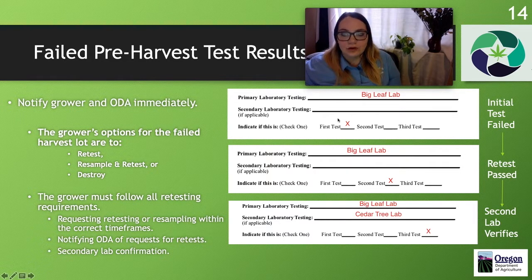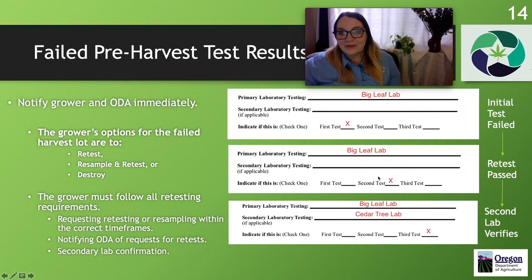This is how you'd fill out the forms if you're doing a retest. This was the original test report. Big Leaf Lab tested it. It was the first test and it failed. The grower said, hey, can you retest that file sample? Big Leaf Lab, again, the same lab, does the second test. Please, please, please make sure you put second test.